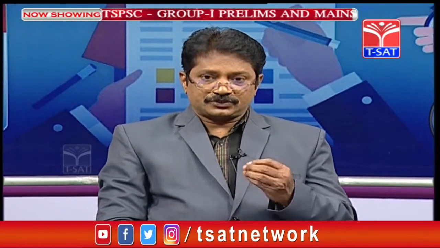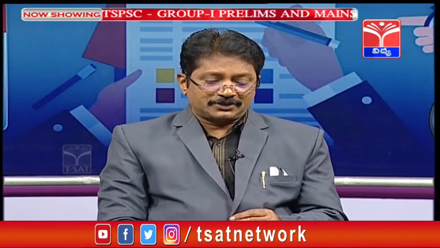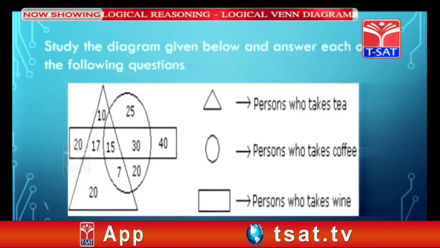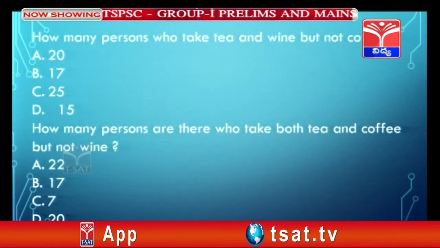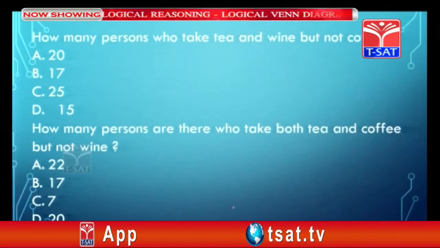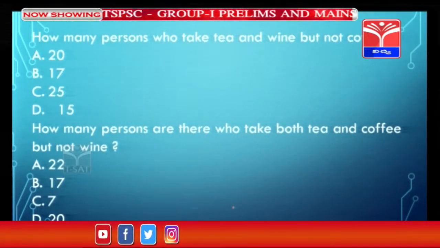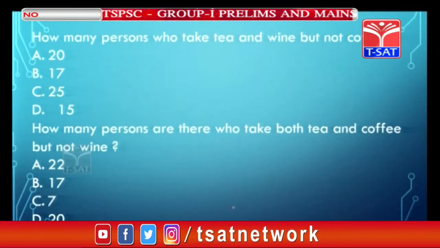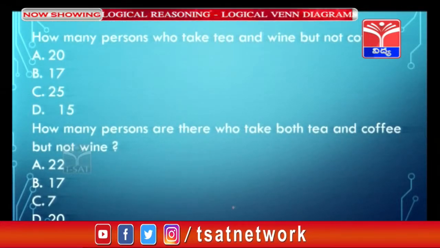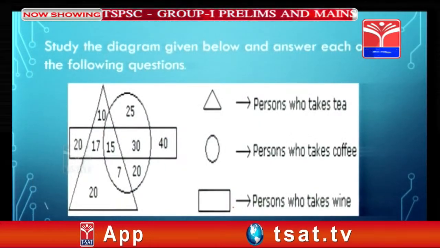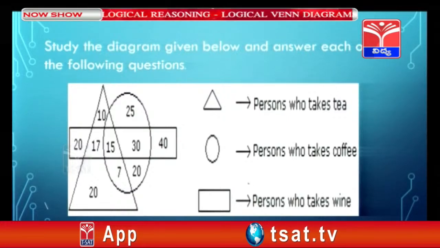So, study the diagram given below and answer each of the following questions. Here the question asks how many persons take tea and wine but not coffee. Tea is simply the triangle.